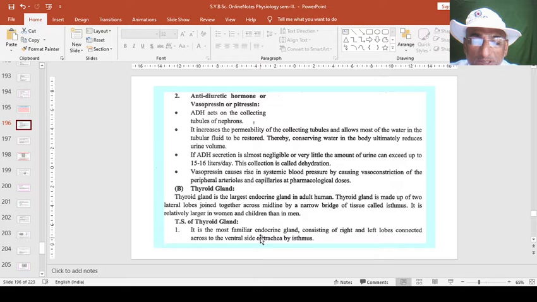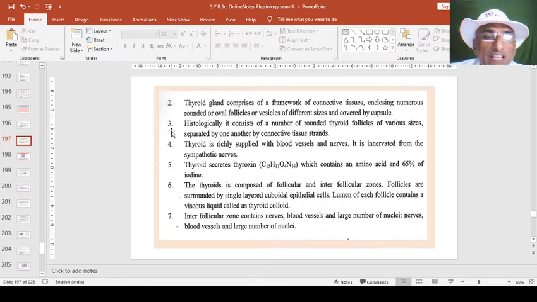So it is the most familiar endocrine gland consisting of right and left lobes connected by an isthmus, which is joining these two lobes from the central side, and they are located at the ventral side of trachea. So respiratory tract, near the respiratory tract. Thyroid gland comprises of framework of connective tissues.